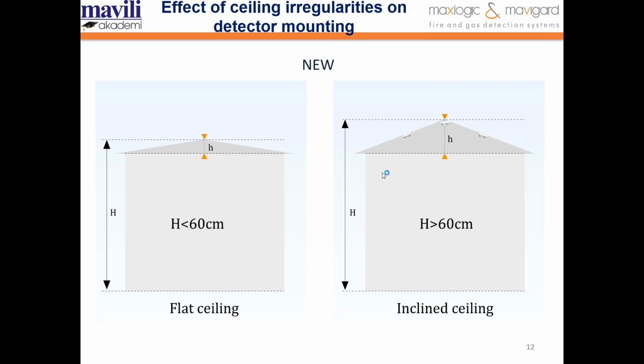For the sloping ceiling, if the difference between the upper point and the lower point is greater than 60 centimeters, the ceiling is considered to be inclined, and the detectors are installed by increasing the radius values by 1% for each degree of ceiling slope. Radius values can be increased up to a maximum of 25%.